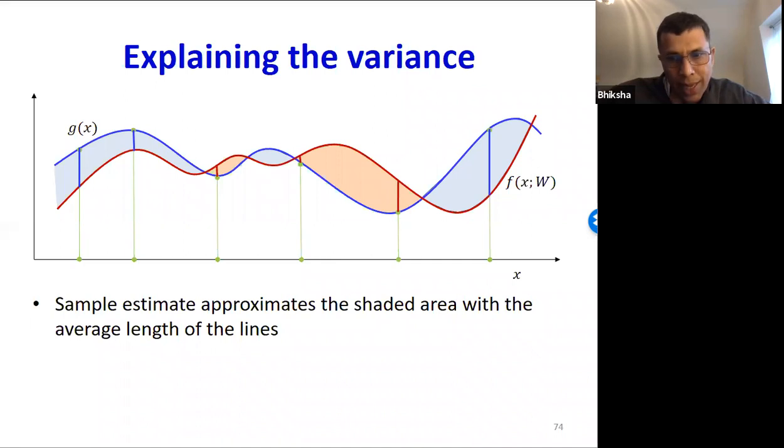So the sample average, which was supposed to minimize this area, is now going to minimize the total length of these lines over here. Now, if I got these as my training samples, then you will realize that I have to bring the function down here, down here, and down here, and push it up here, here, and here. All is good, right?